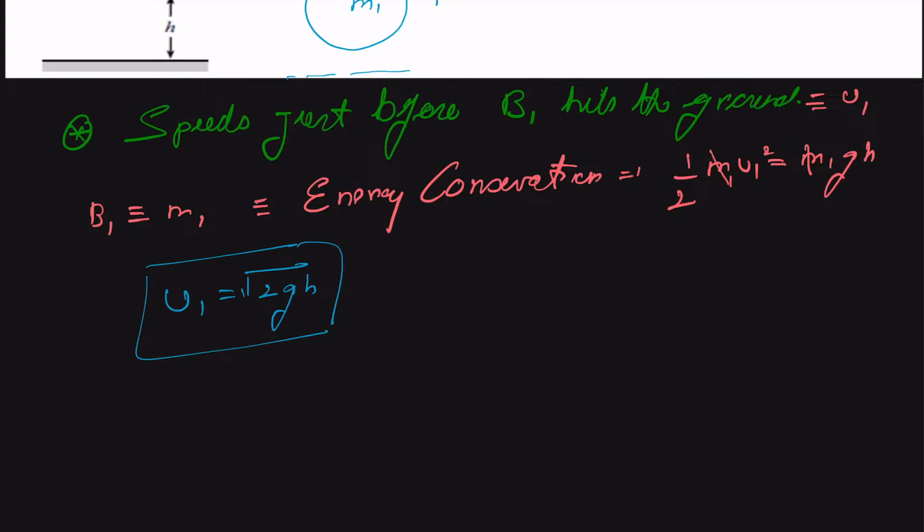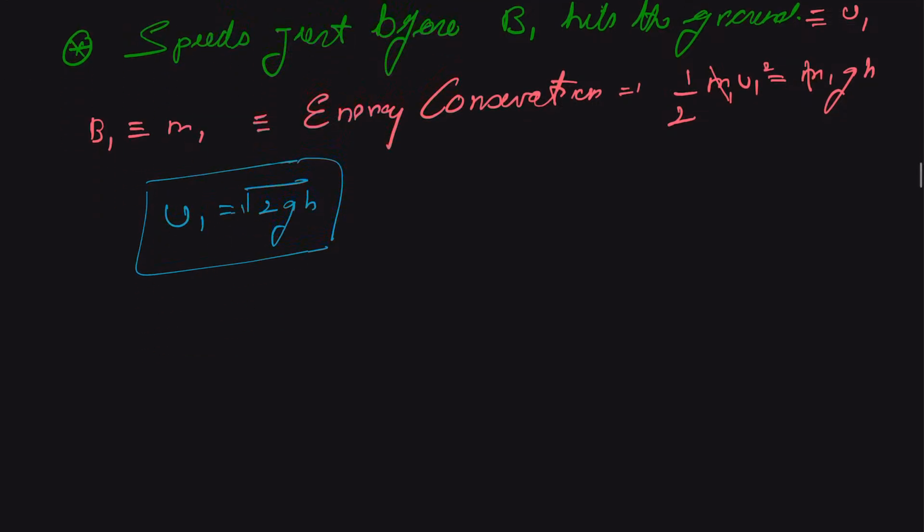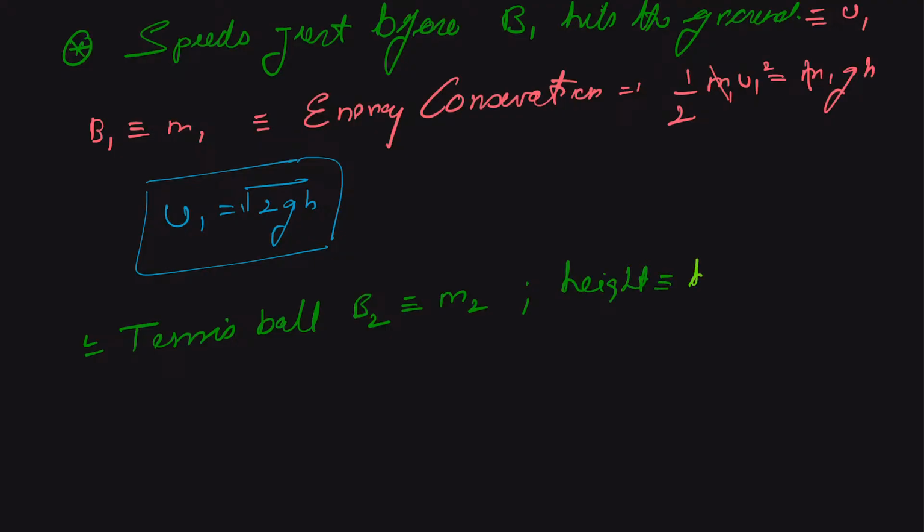And now we come to our tennis ball. Tennis ball, that is our B2, and its mass is given to us as m2, and the height from which it falls is h plus d.